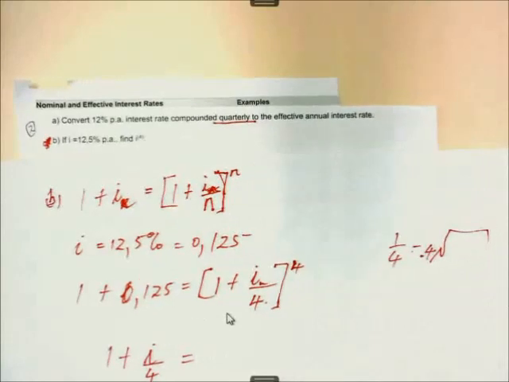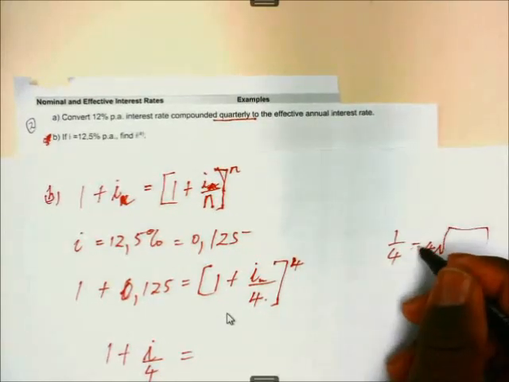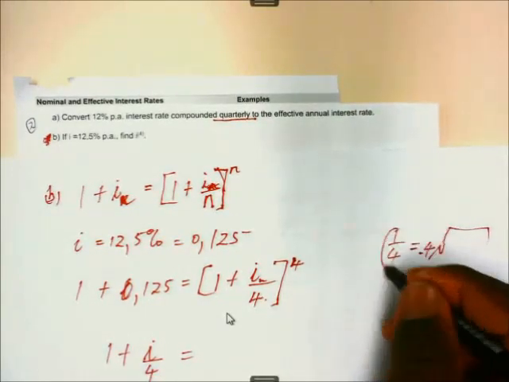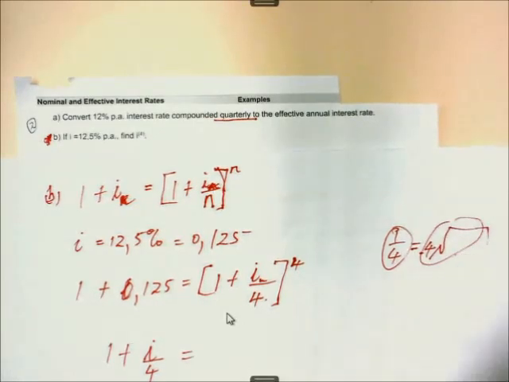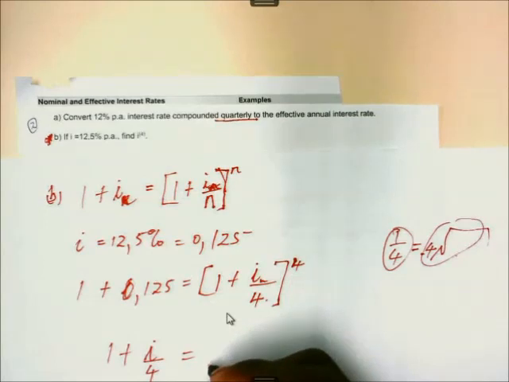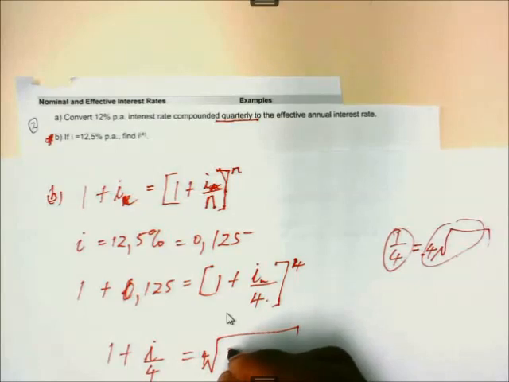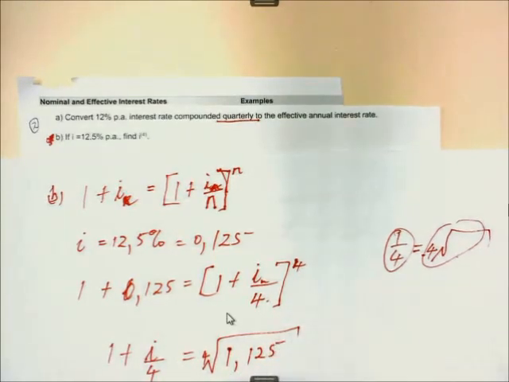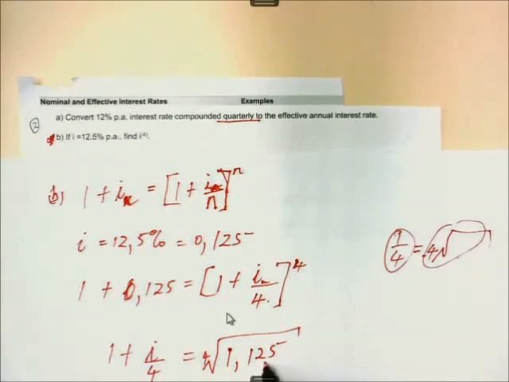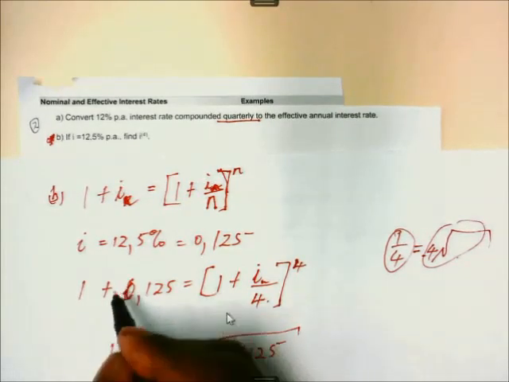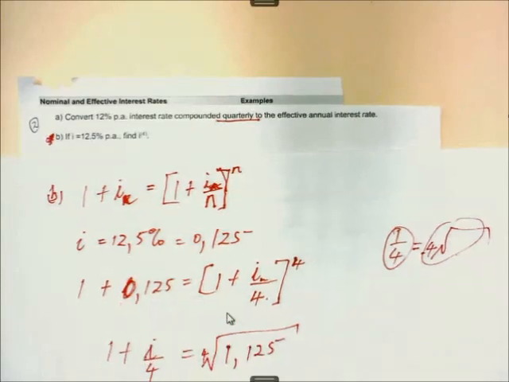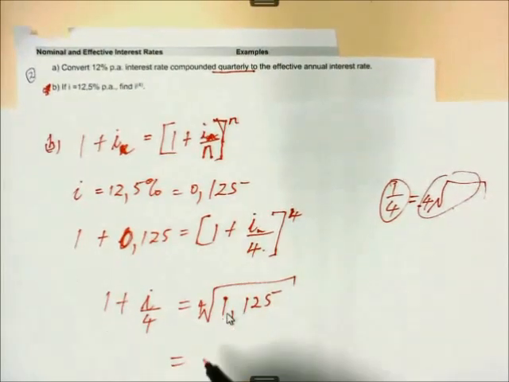So if you remove this 4 as the exponent, then you're going to have the 4th root of 1.125. Am I right? So then 1.125 is 1 plus 0.125. So then what is the answer here?